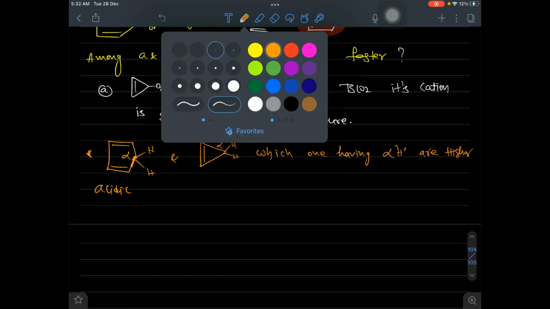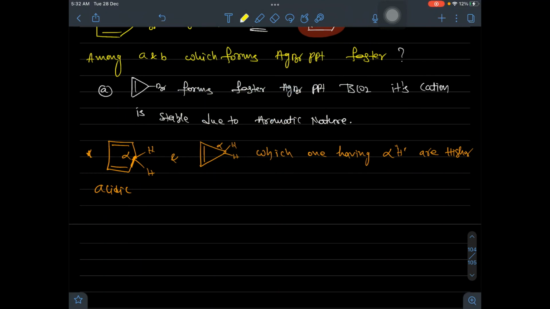Acidic means they should split into H plus ion. They release an H plus ion when they react with a metal, isn't it? So first let me take cyclopropene. Cyclopropene has alpha hydrogens. In the presence of a metal, it liberates hydrogen, consider.